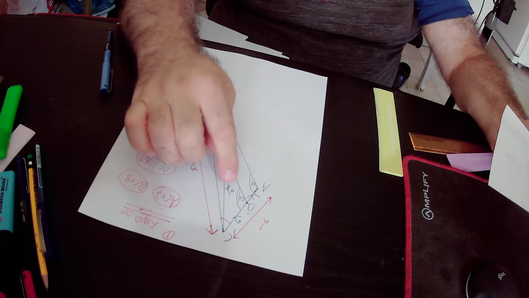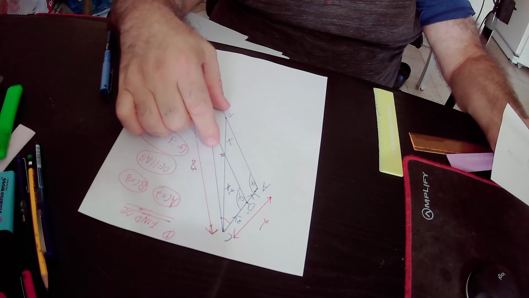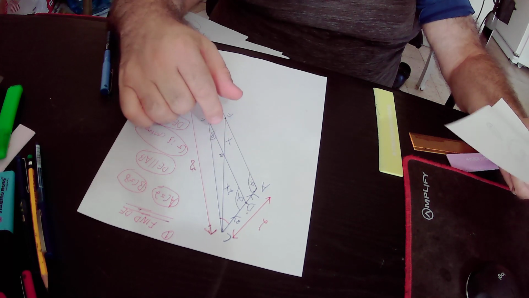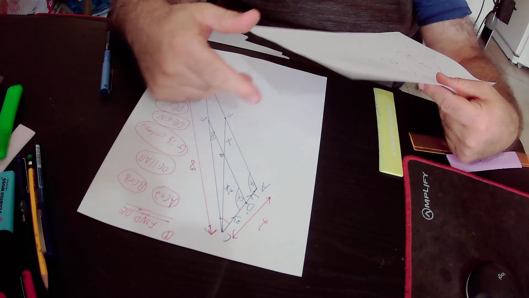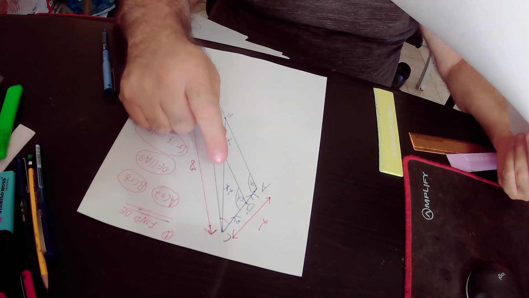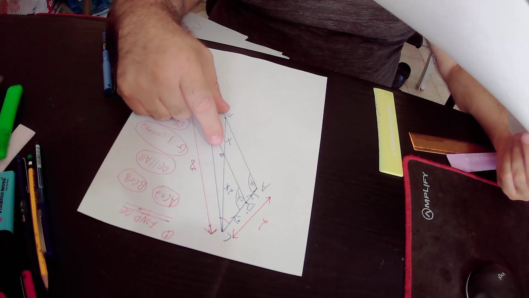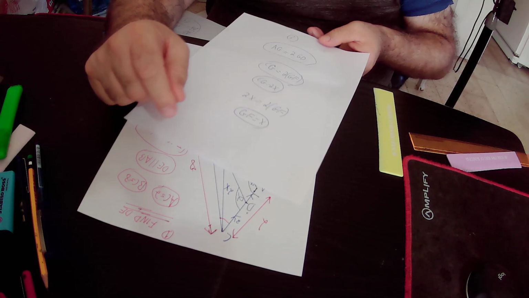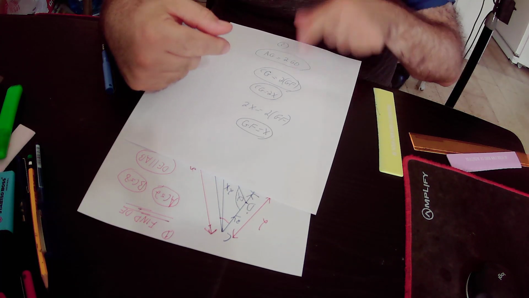If CG equals 2 units, then GF will be equal to 1 unit. Okay? Or in other words, CG is twice as large as GF, or CG equals 2 times GF.